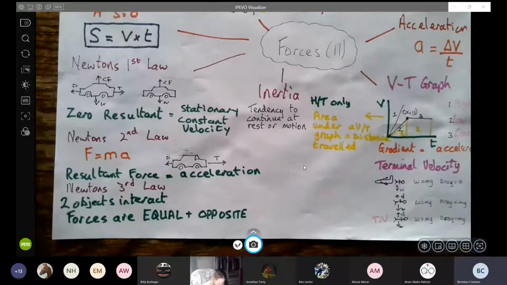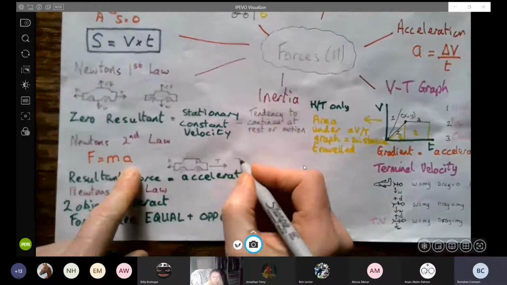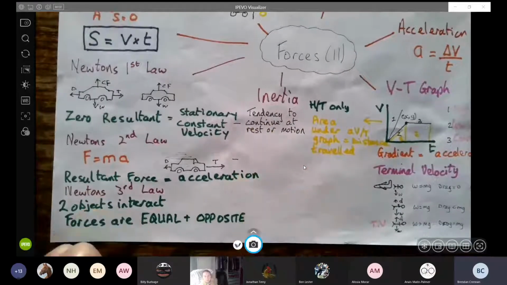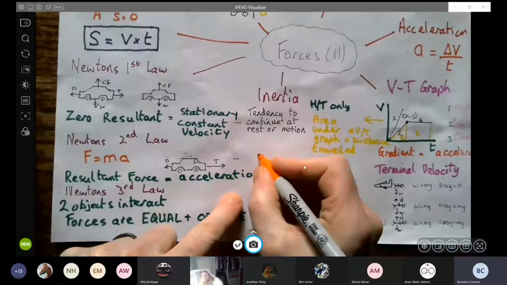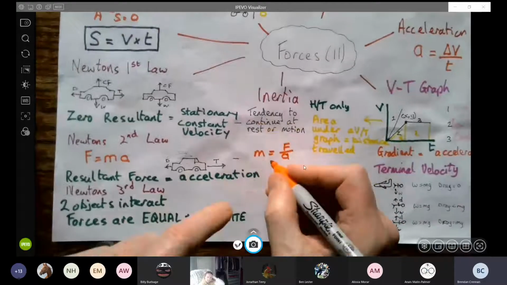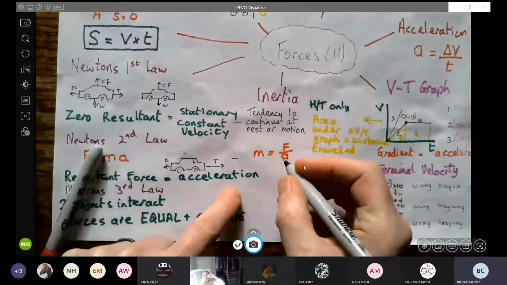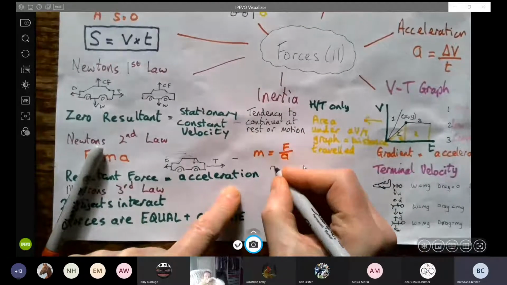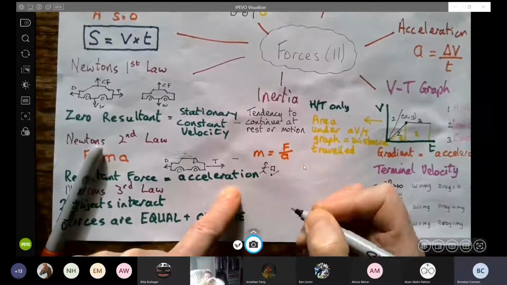In terms of Newton's second law, there's a link as well, because if we rearrange that equation, we've got mass equals force divided by velocity. And that mass in this case is called inertial mass. Basically, the bigger the mass, the harder it is to move. If I have a tiny little mass like that, and there's me pushing it, that's easy.